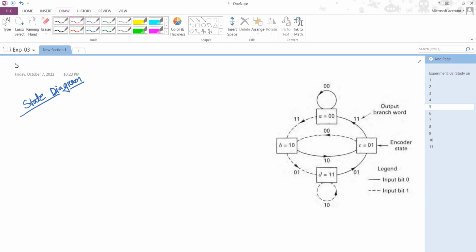Here you can see there are boxes like 0 0, 1 0, 0 1, and 1 1. In this state diagram, these boxes are nothing but the possible contents of the rightmost k-1 stages of the register.